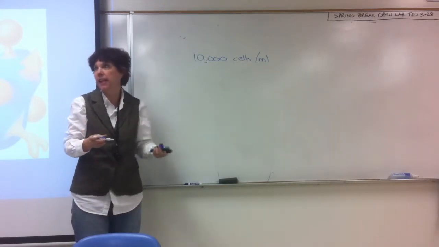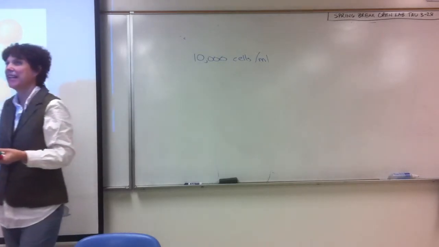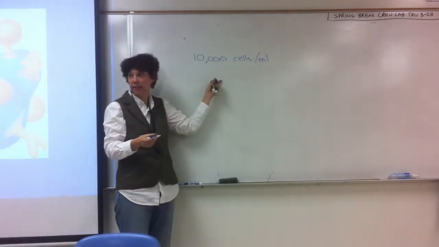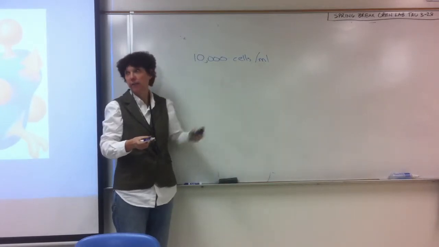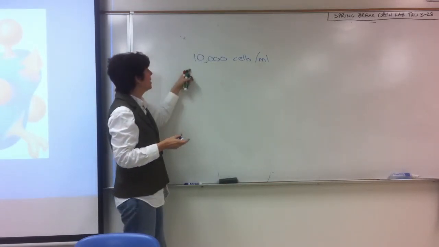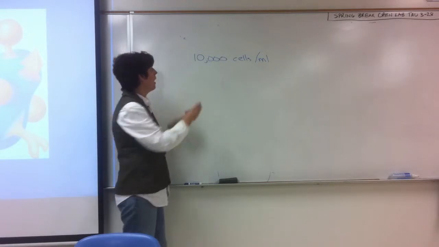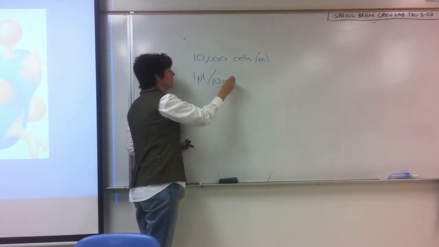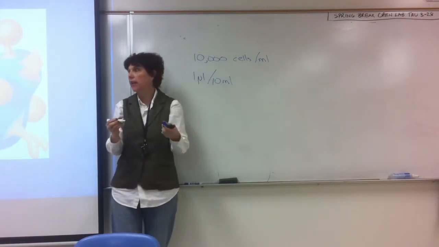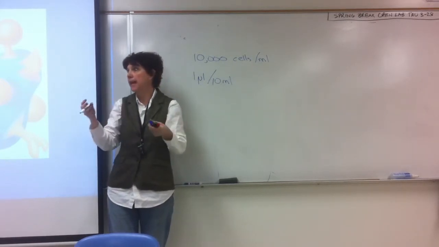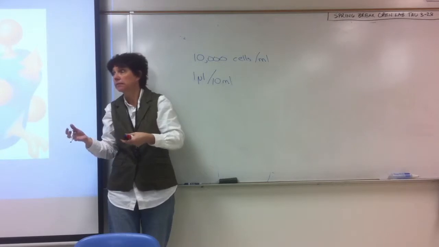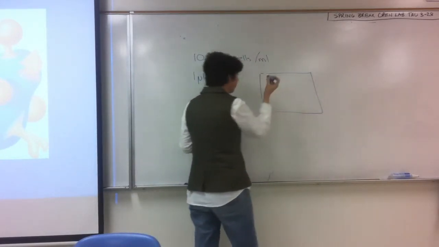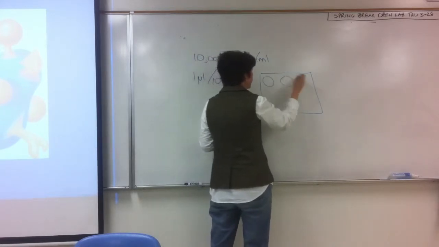Now that would require 10,000 mils, and we don't need to make that much fluid, so we can just take a microliter, which is 1,000th of a mil, and put 1 microliter into 10 mils, and we would have a ratio of 1 cell per mil. And so you dilute that out. The math part isn't what I'm focusing on here.